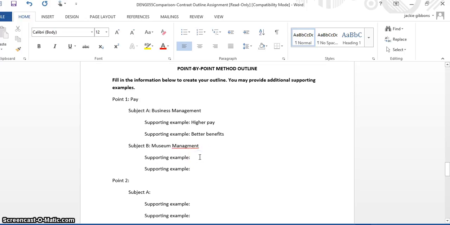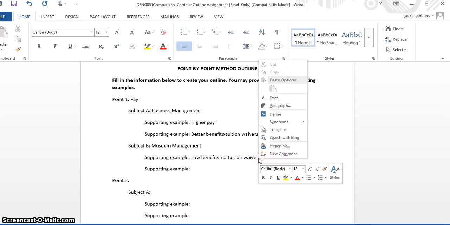And this one had low benefits, so perhaps in this one there was no tuition waiver, and in this one there was a tuition waiver so that you can go back to school.